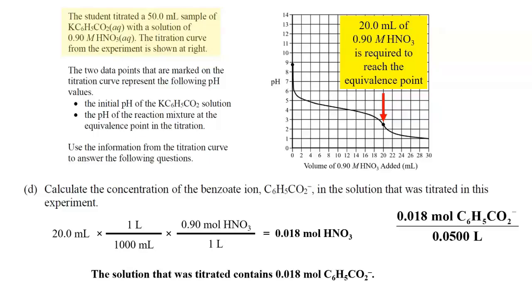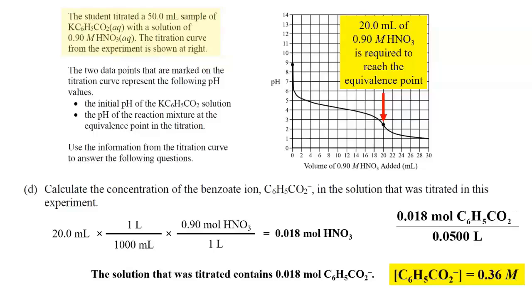And so now 0.018 divided by 0.05 will give us the concentration of the benzoate ion in the solution that was titrated in this experiment. And so when you do that math, 0.018 divided by 0.05, we get 0.36 moles per liter. So that is the concentration of the benzoate ion.